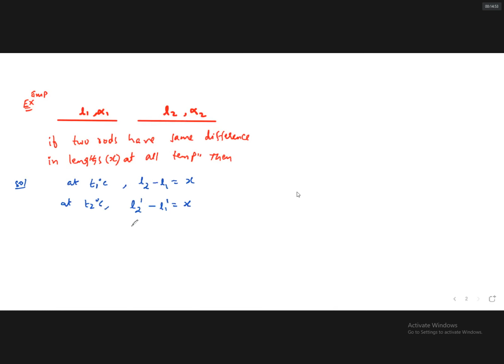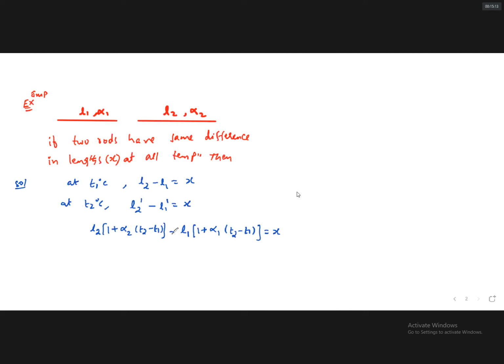Therefore, L2 dash can be written as L2 into 1 plus alpha 2 into T2 minus T1, and the final length of the other rod can be written as initial length into 1 plus alpha 1 into T2 minus T1, and the difference is equal to x.